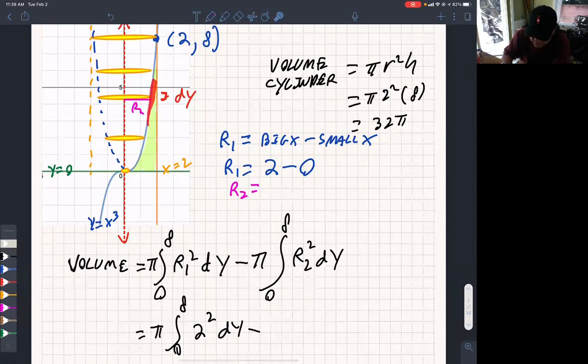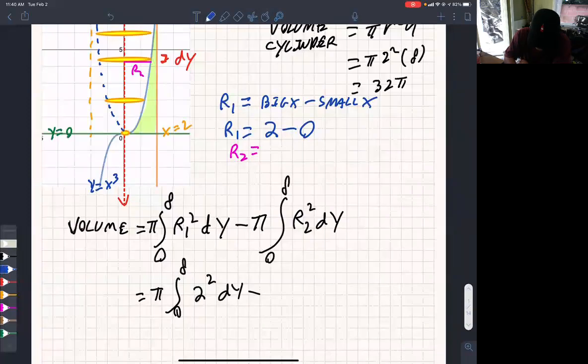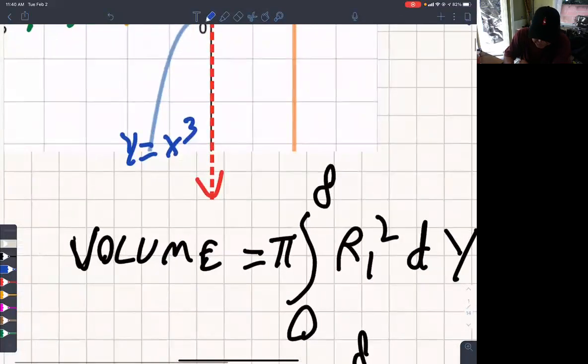Now, you want big X. This is Y. Y is X cubed. That's no bueno. You want X because it's big X. So what you're going to have to do is take this equation here and solve for X. So you're going to have to cube root both sides.